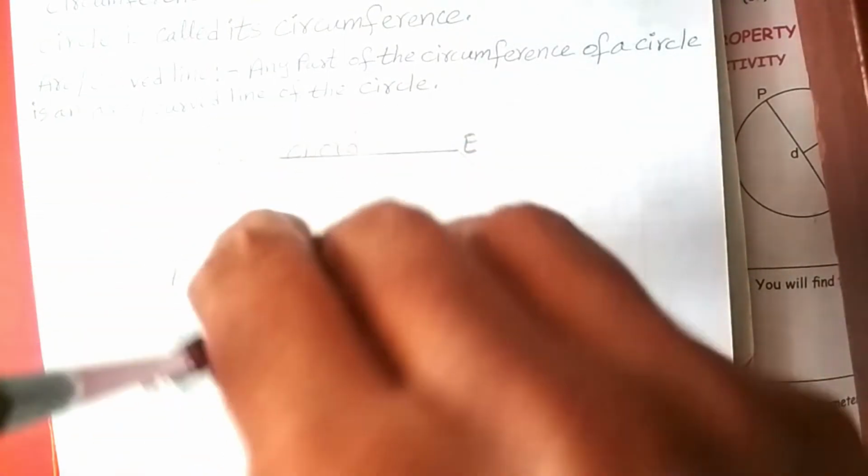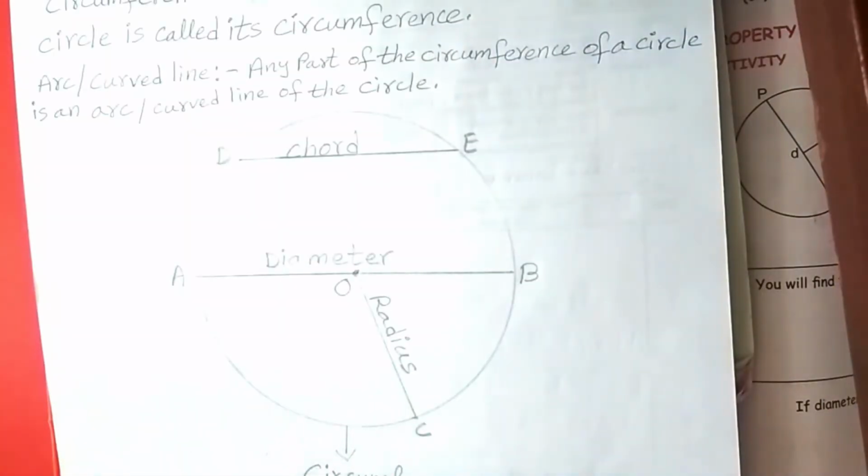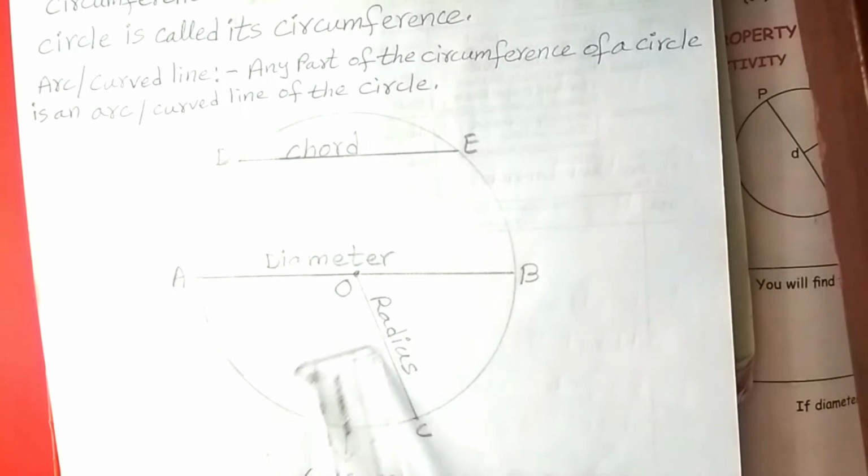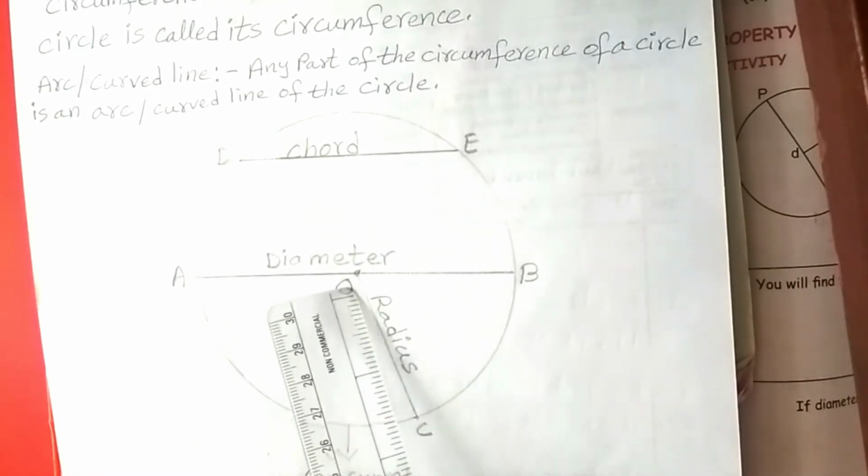See here. I have drawn a circle like this. So, here this is a circle I have drawn with the help of the compass with a measurement of 5 centimeters radius. So, here I have placed a point.